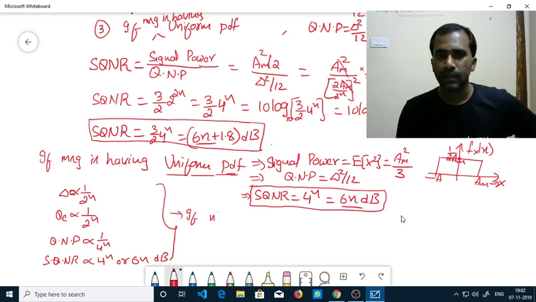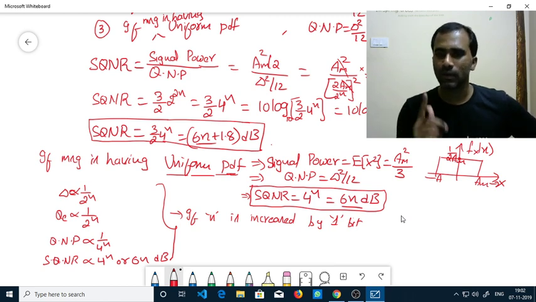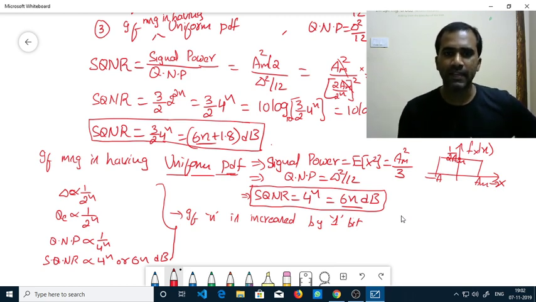If n is increased by 1 bit, like for example 6 bits to 7 bits, or 8 to 9, something like that, 1 bit they are increasing. What happens if they increase the n value by 1 bit? What happens to step size? If they increase n by 1 bit, then step size changes by 1 by 2 times.